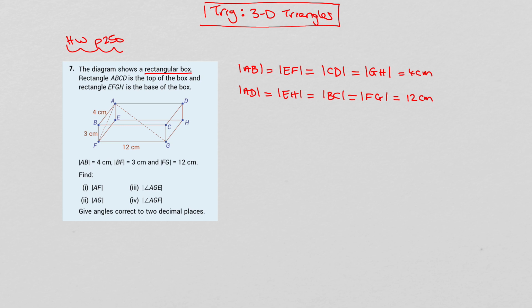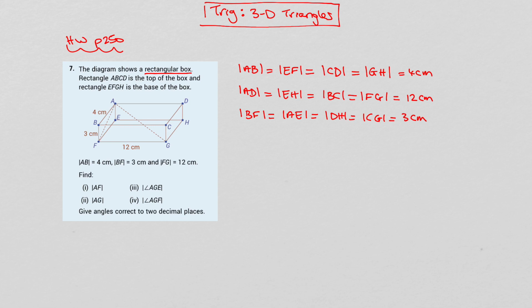And then the height of our box, well, we can say that BF must equal AE, which must equal DH, which must equal CG. So all of those are from the horizontal ground vertically up to the top of the box. And we're told that that is 3 centimetres in height.